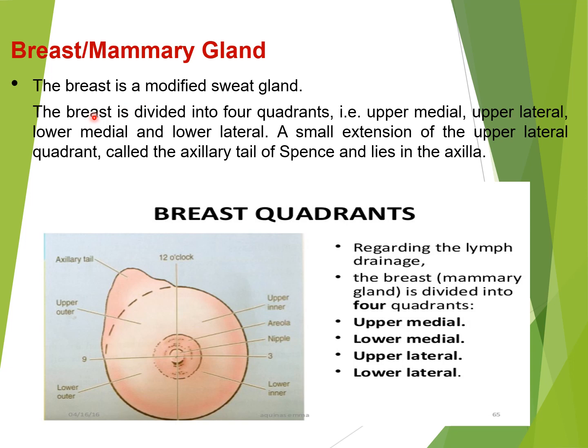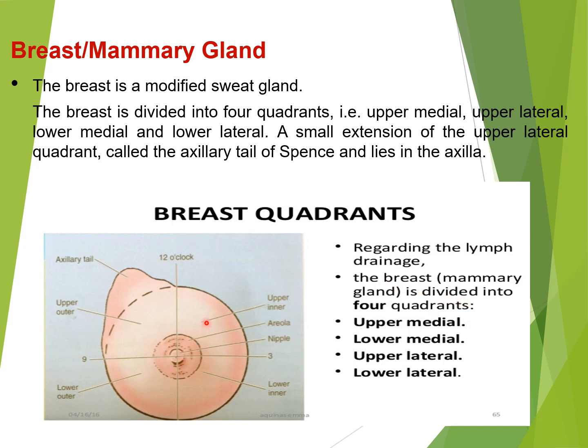So the breast is divided into 4 quadrants, that is the upper medial, lower medial, upper lateral and lower lateral. A small extension of the upper lateral quadrant is known as the axillary tail of Spence. You can see here, it lies in the axilla. This is important in case of the lymphatic drainage of the mammary gland. So based on the lymphatic drainage, we divide the breast into 4 quadrants.